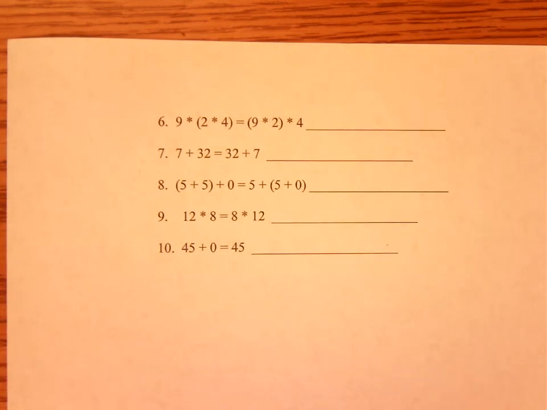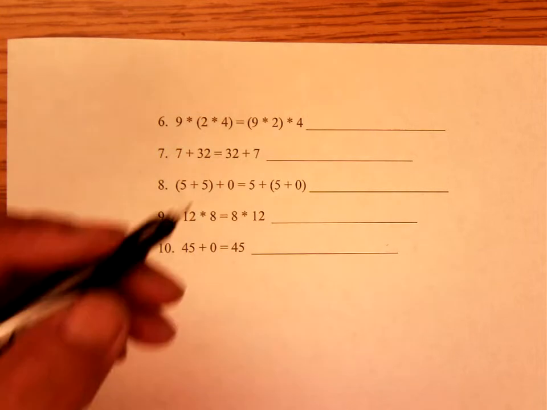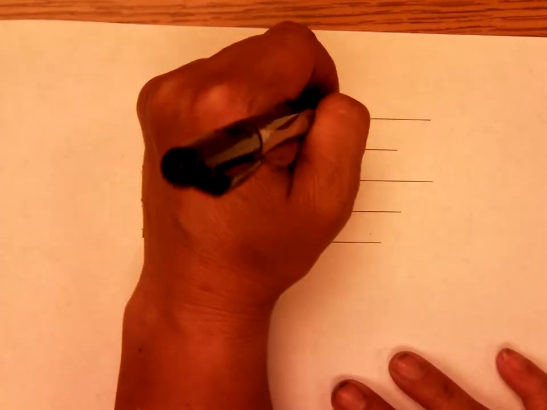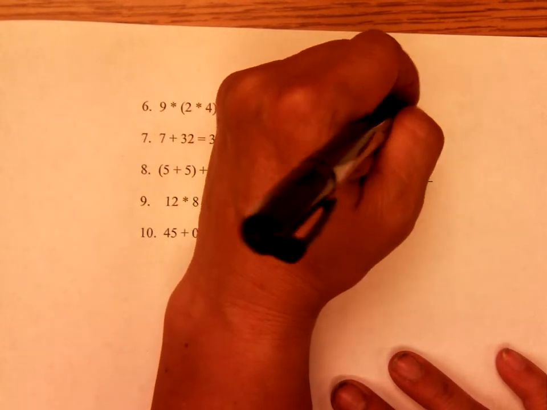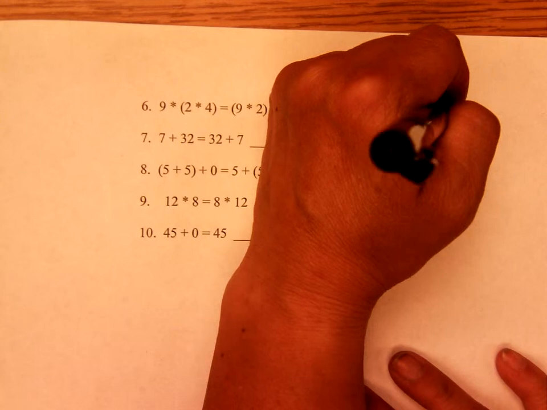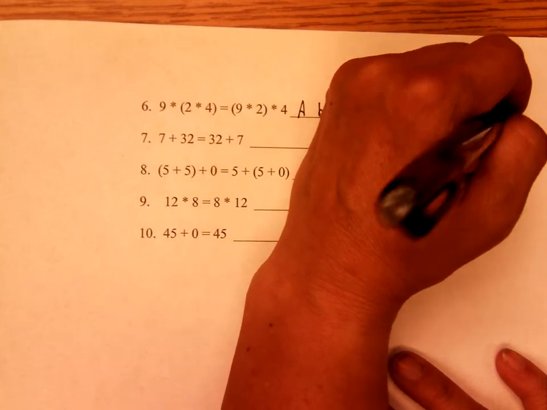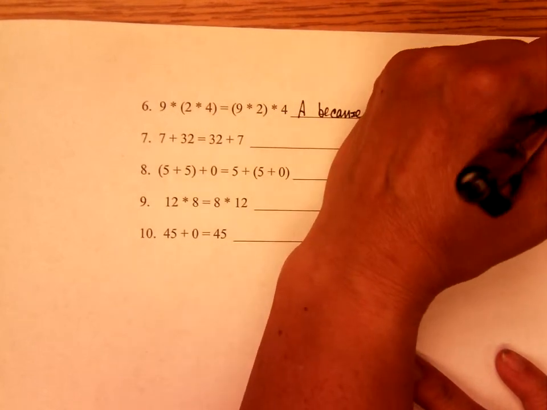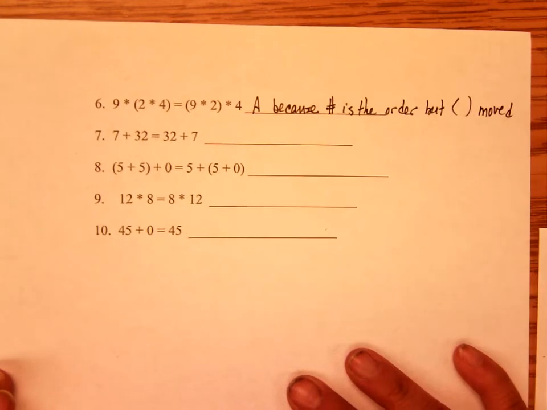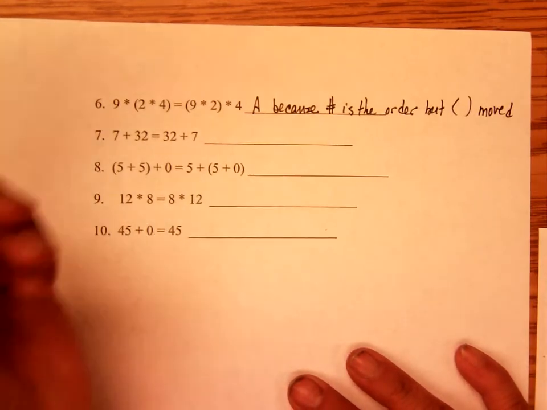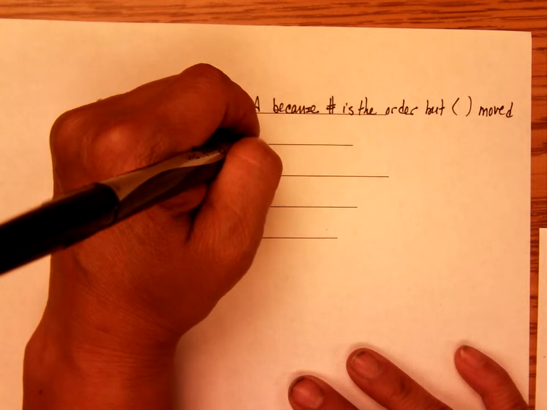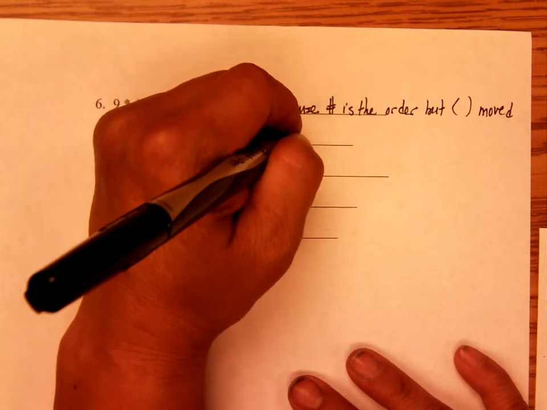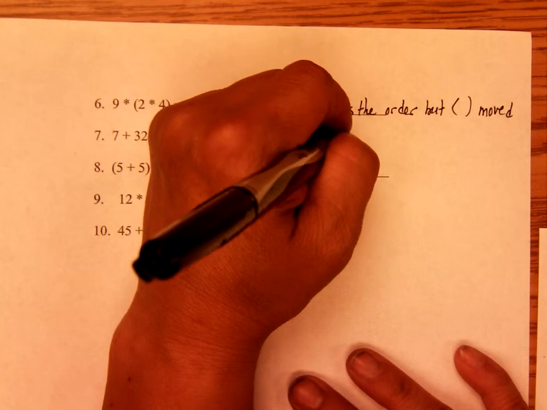So number 6 is associative property, and that's because the number is the same order, but parentheses moved. Number 7 is commutative property because numbers are reversed.